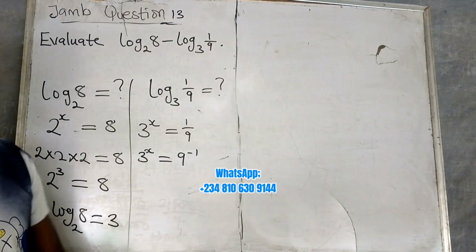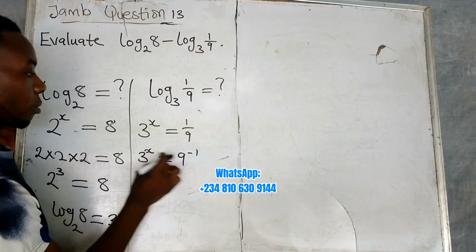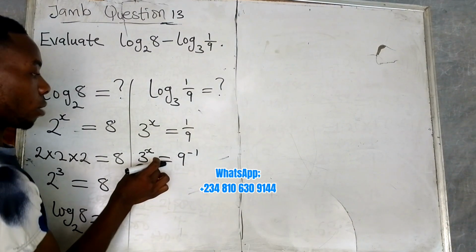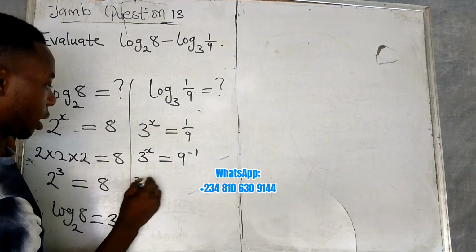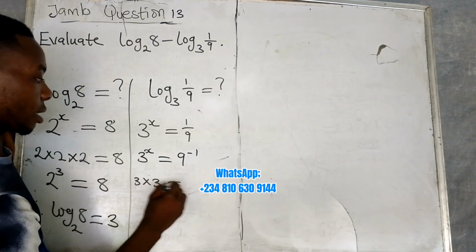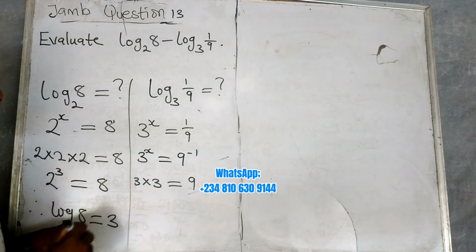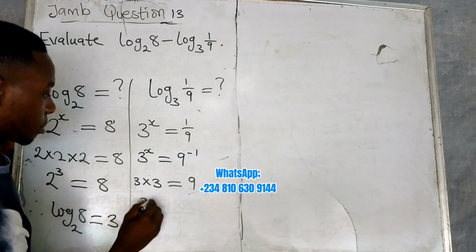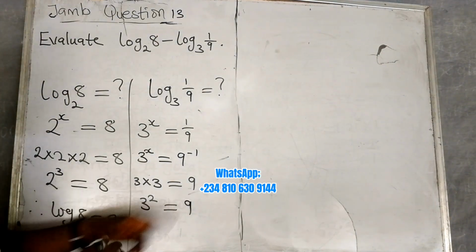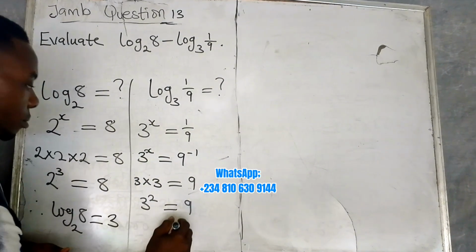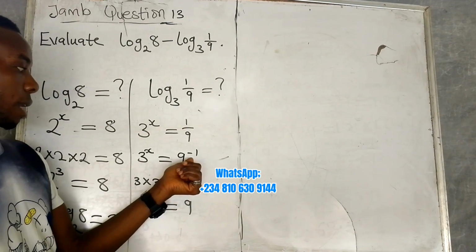Now, how many times will you multiply 3 so that you will get 9? It is 2 times, right? 3 times 3 equals 9. That's correct. So 3 raised to the power of 2 is equal to 9. But remember, this is 9 raised to the power of -1, and what we are looking for is -1, not just the power of 1.